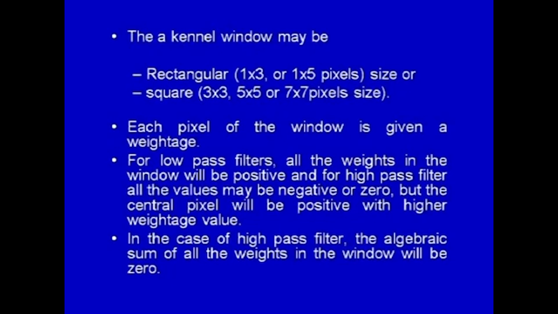For low pass filters, all the weights in the window will be positive, and for high pass filters all the values will be negative or 0, but the central pixel will be positive with higher weightage values. In the case of high pass filter, the algebraic sum of all the weights in the window will be 0.